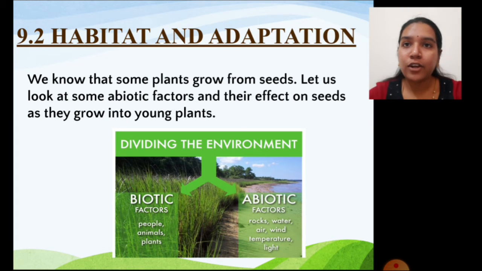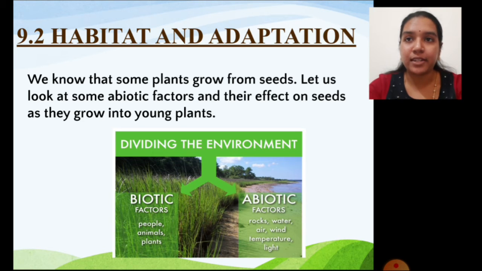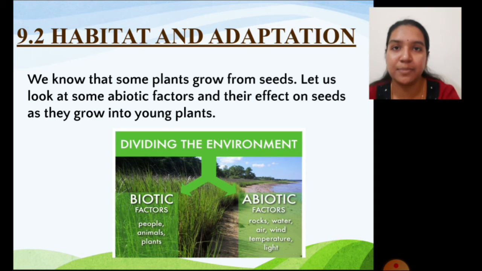In the beginning of this chapter, I mentioned that life exists in association with living and non-living components. In the previous class, we learned that both biotic and abiotic components together make the ecosystem.